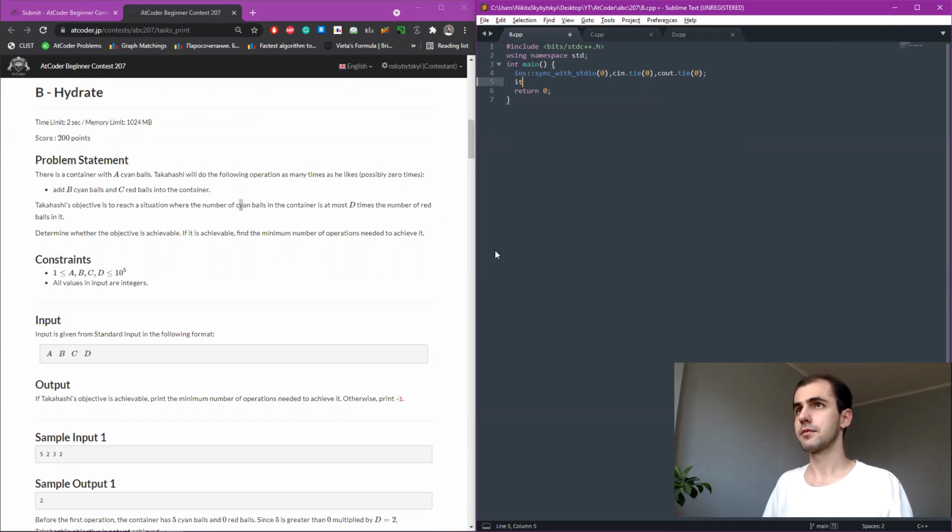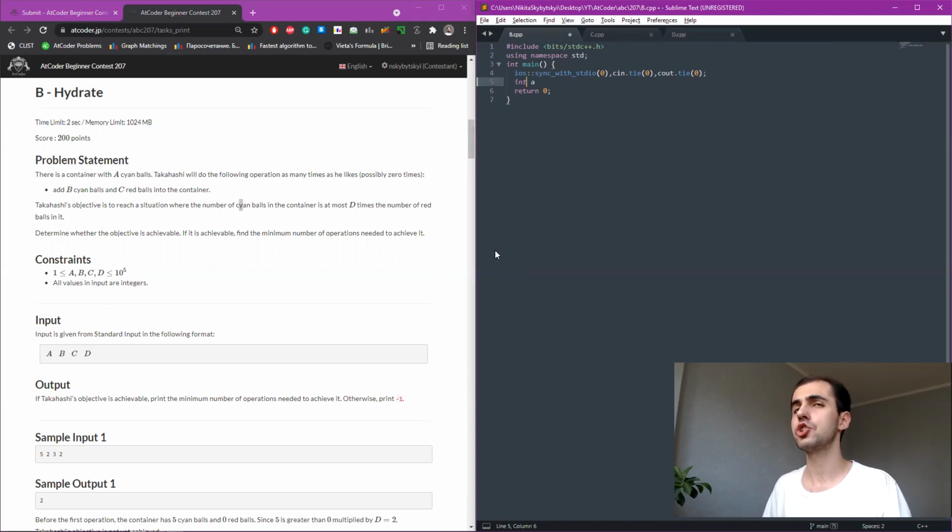Okay. Now it's not always achievable because there are several things that can stop us. But the most general way to describe them is that we are adding cyan balls faster than we should.